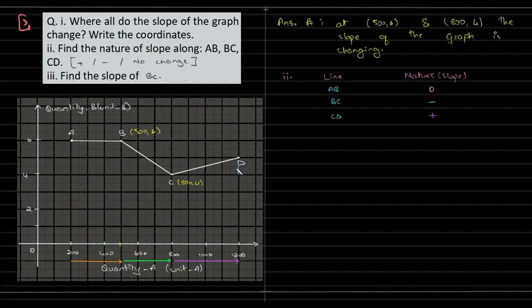Whenever you have to analyze all of this, we need to look at the projection of the points. The projection of the points along the x-axis is this, and along the y-axis is this.